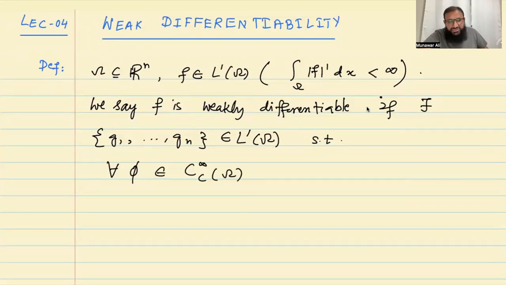You know very well these functions are infinitely differentiable, all the derivatives are continuous, and they have a compact support. It means on some compact set they are non-zero, and beyond that set these functions are zero. We discussed one example in the previous lecture as well, that was about mollifiers.